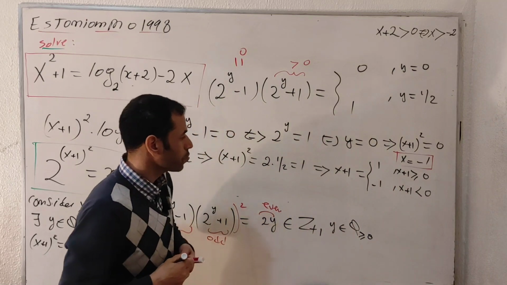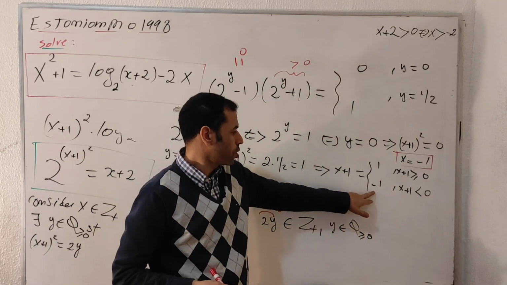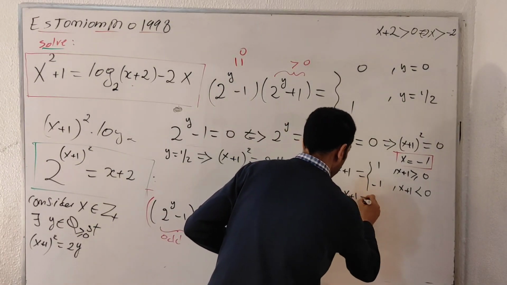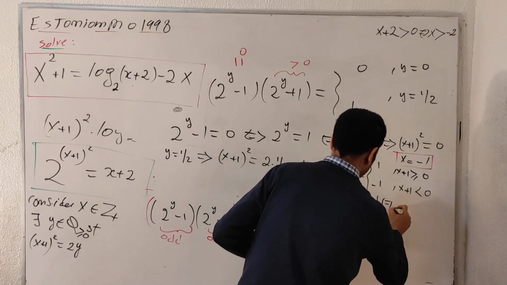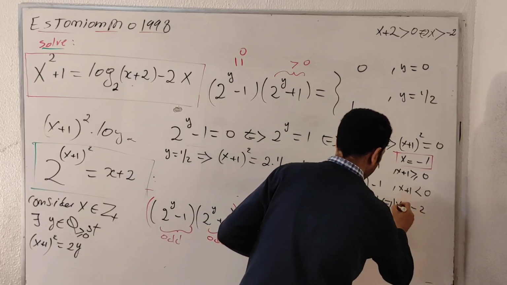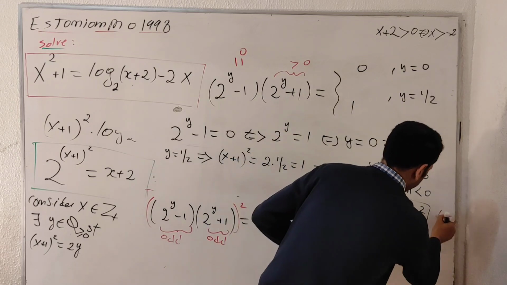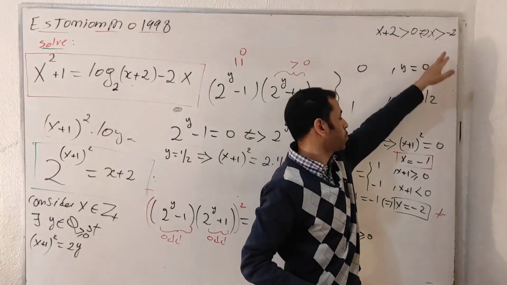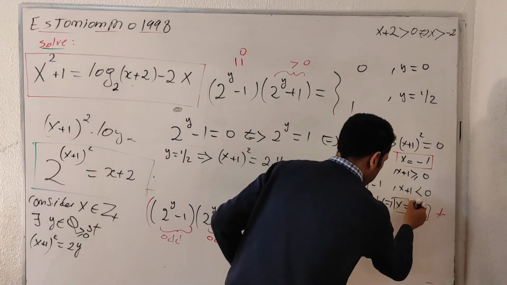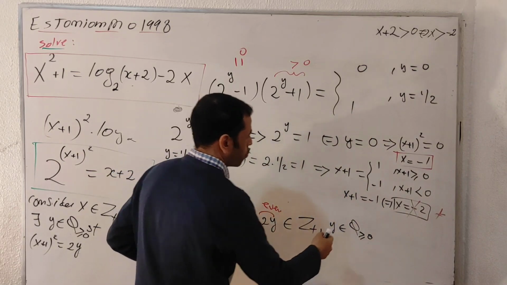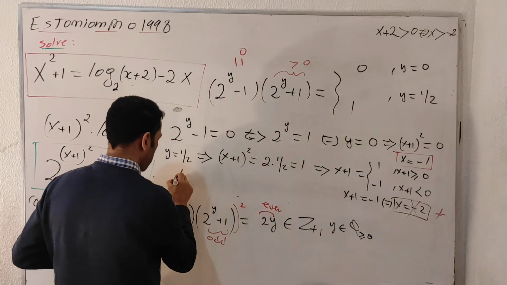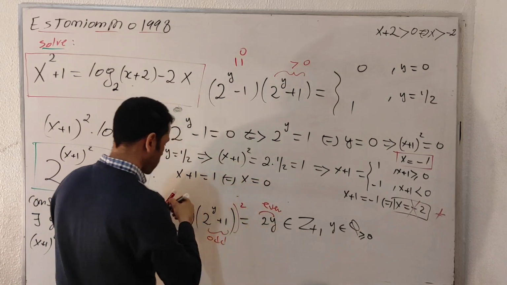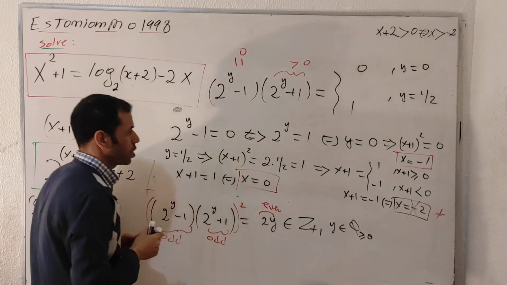I'm going to rule out this minus 1 possibility, because x plus 1 equals minus 1 means x equals minus 2, which is impossible because it is out of the domain, as we have x strictly greater than minus 2. So we must take the first choice, x plus 1 equals 1, equivalent to x equals 0. So this is the second solution as well.